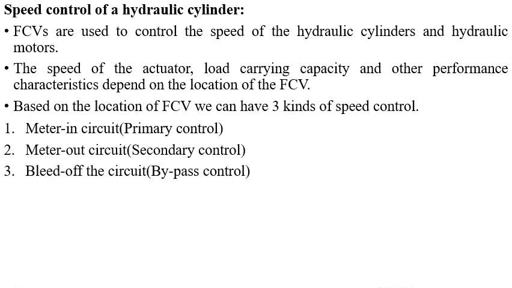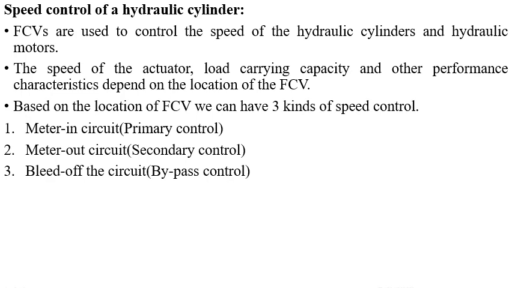When the flow control valve gives a partial flow, we will get a slow speed in the cylinders. Flow control valves are used to control the speed of hydraulic cylinders and hydraulic motors.